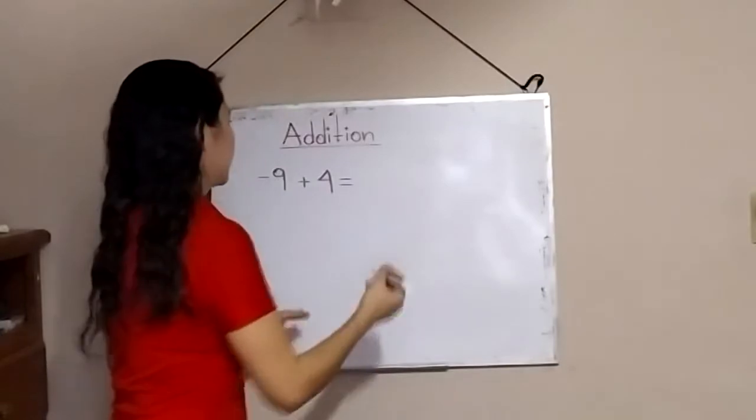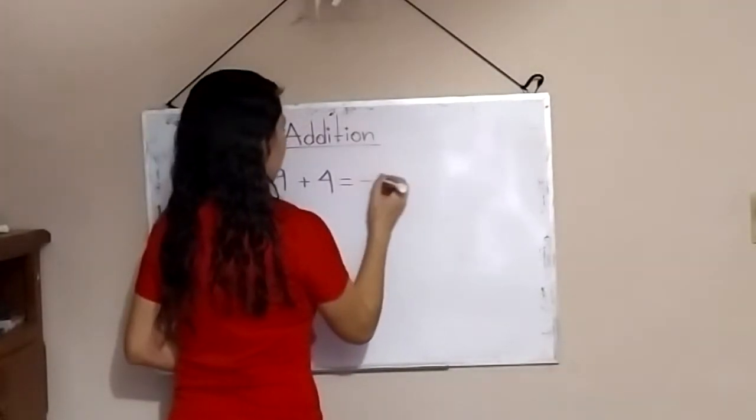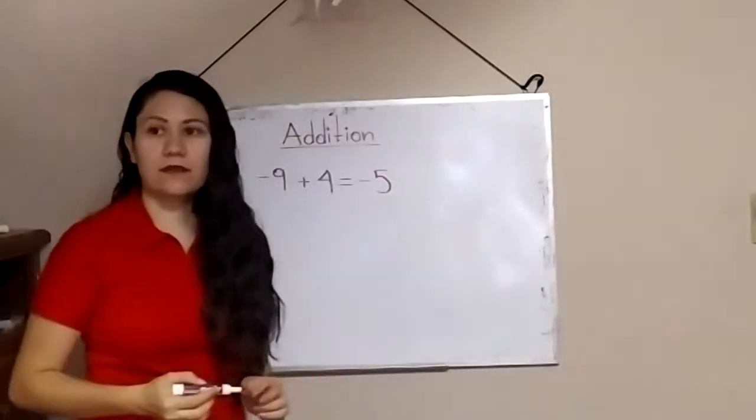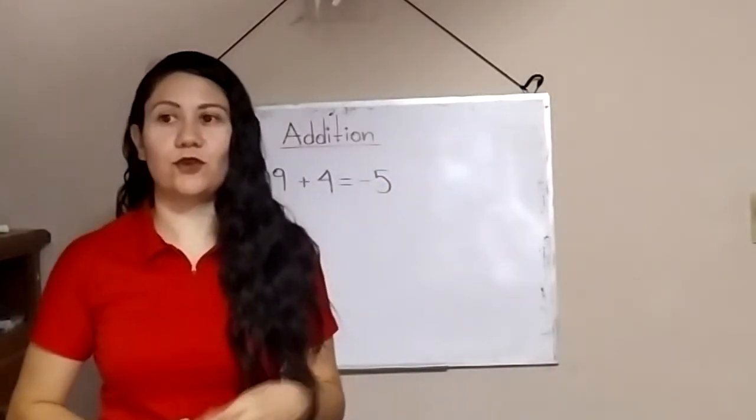We owe $9 to someone, and then we get $4. How much are we going to owe if we pay those $4? We are going to be owing $5. Do you agree?